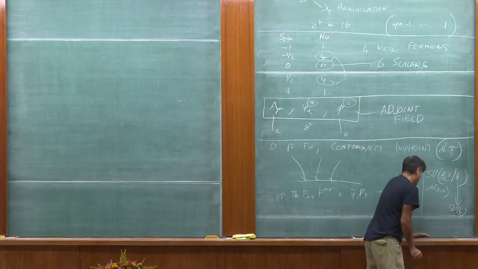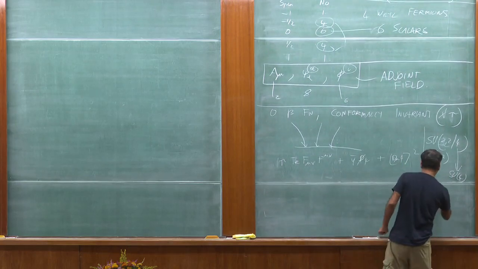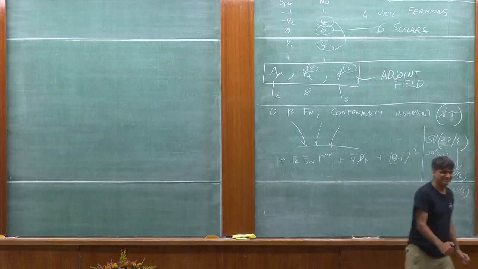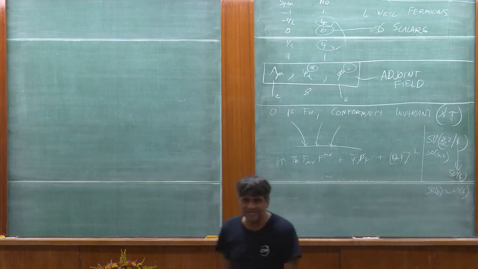Now, it just happens to be true that at the level of Lie algebras, SU4 is the same as SO6. Okay, let's do the roughest check possible. Let's do counting. SU4 has 4 into 4 minus 1 generators, so 15 generators. Whereas SO6 has 6 into 5 by 2, which is 15 generators. Okay, and the commutation relations of SU4 and SO6 just happen to be the same.